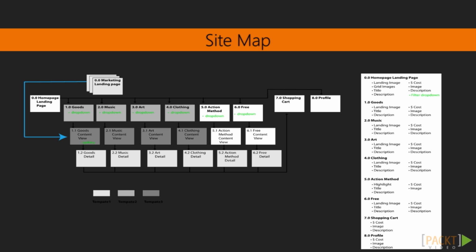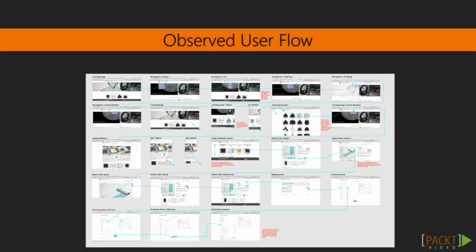Let's take a look at what we have. We built a sitemap that we monitored and maintained and modified. We used a user flow to understand how a user moves from point A to point B through a website. We created a set of responsive wireframes for every major template of the website.